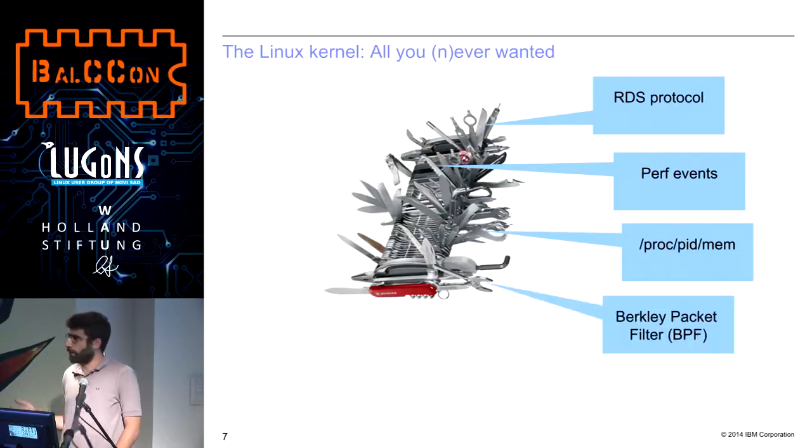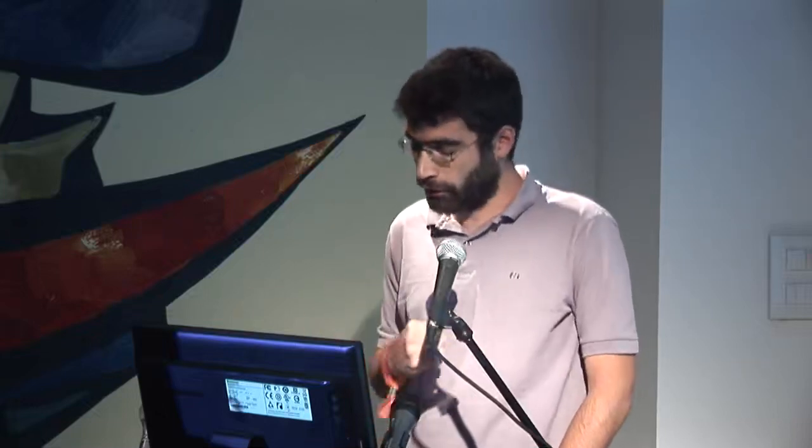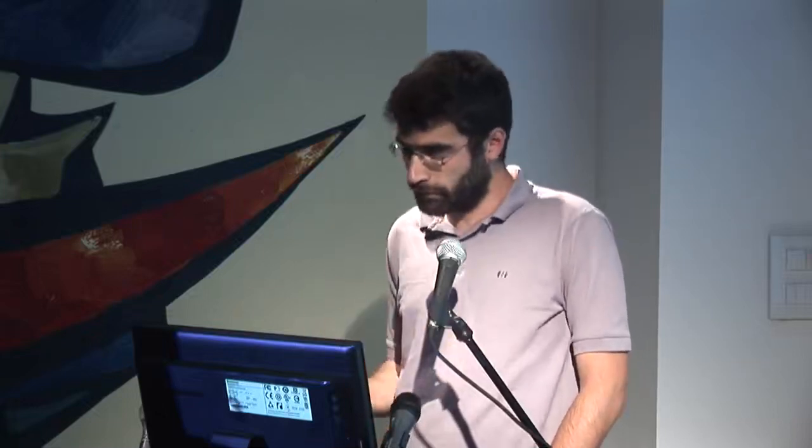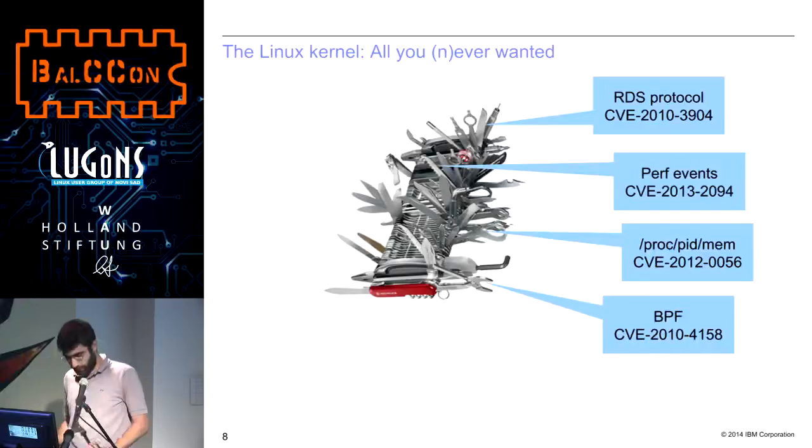And there's also Berkeley packet filters, which allow you to do advanced packet filtering within the Linux kernel. Similarly, there are cases where you will need that, including in production environments. However, it is not necessarily something you always need. So that's something that it would be interesting to potentially remove from the kernel.